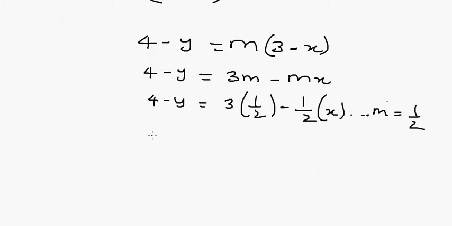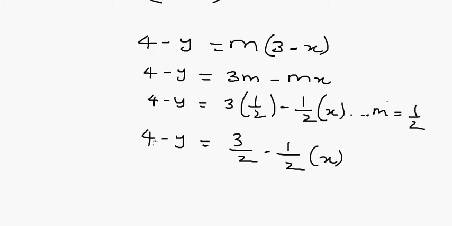So 3 into half, minus half into x. We're gonna be left with 4 minus y is 3 by 2 minus x by 2, or just simply write this as half into x. I'll let you know why.